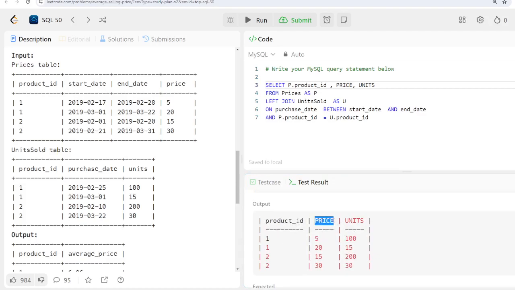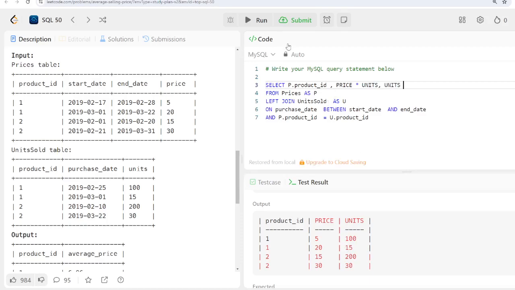So now I need to multiply this price with units. So let's say price into units, but I have to also calculate the total units that is sold. So I have to also sum this units column. Okay, so I need units again to sum that.